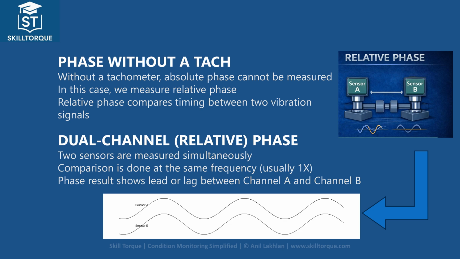Here we must understand what type of phase you are measuring. Without a tacho, you are not measuring the absolute phase, you are measuring a relative phase. If you have the tacho, then it's an absolute phase. So just remember this.